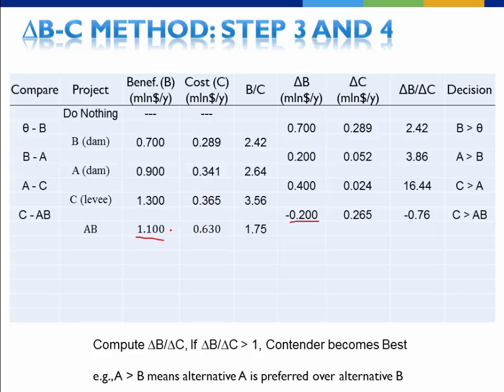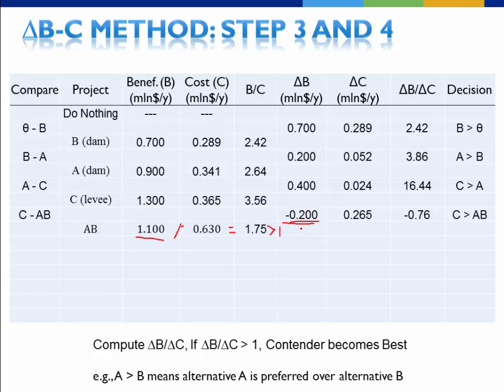Sorry, I kind of moved myself ahead. So first we need to do the benefit cost ratio. These are the benefits and these are the costs. When we do this division, it is greater than 1, so it means that this one is economically feasible. Now when we are comparing the benefits, doing this subtraction, we see that these benefits are actually no greater than the ones only with the levees.